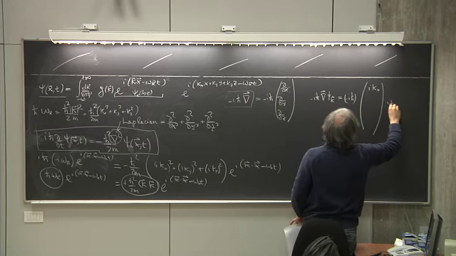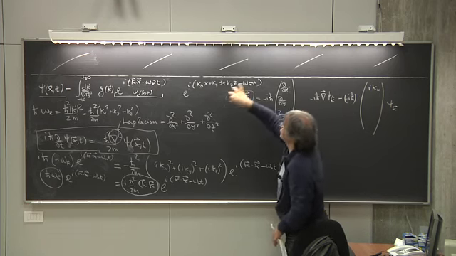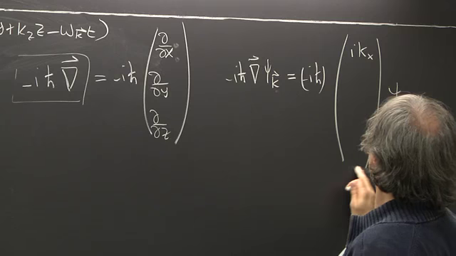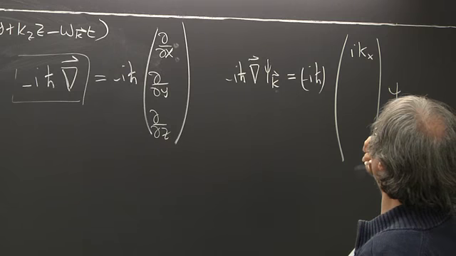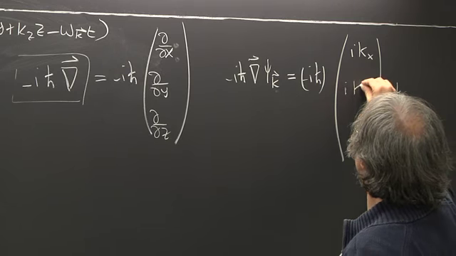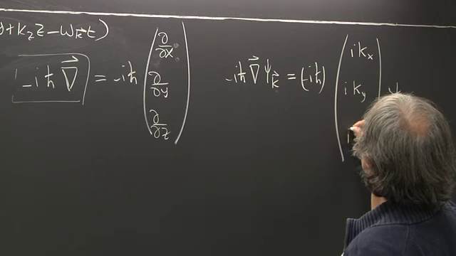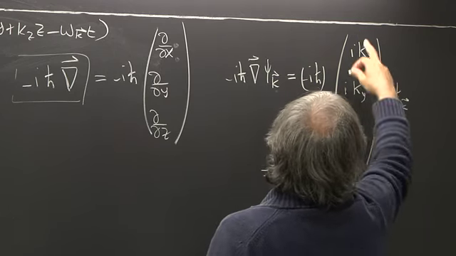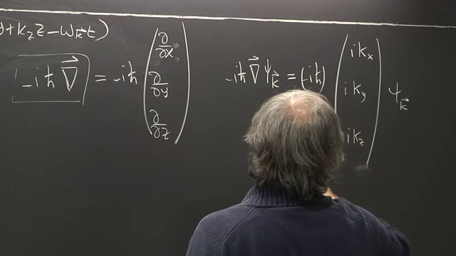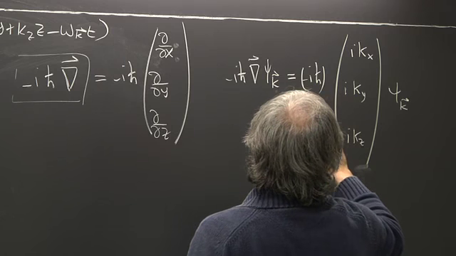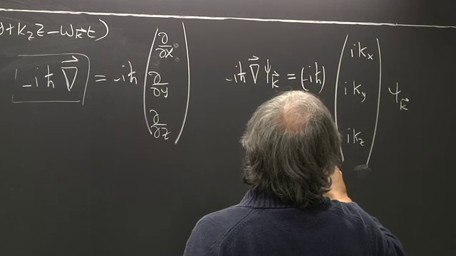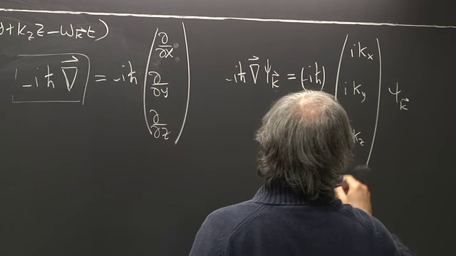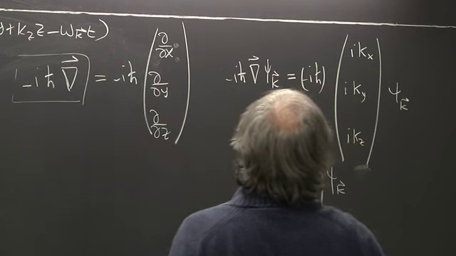And obviously, the wave remains there because the derivative of the exponential is the exponential. Okay, the second component is i ky, and the third component is i kz. So all in all, if you collect everything, you will see that you have h bar kx, h bar ky, h bar kz times the same wave.